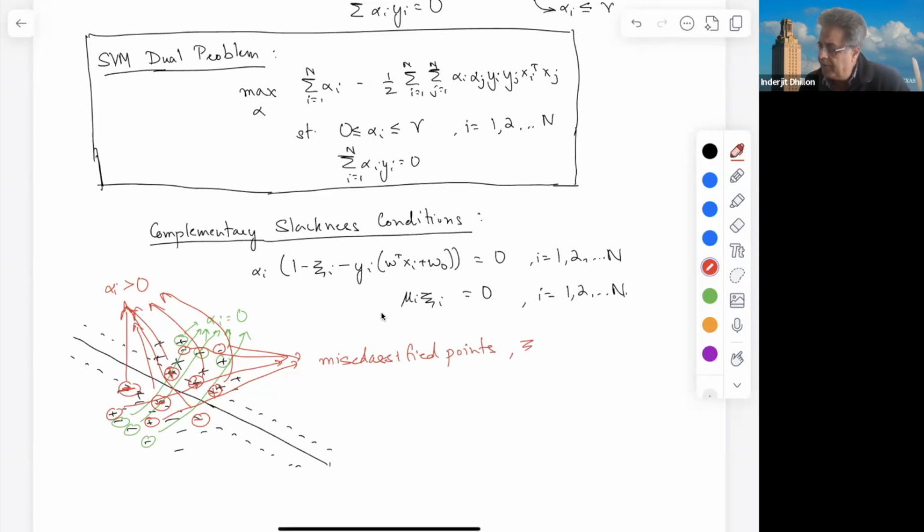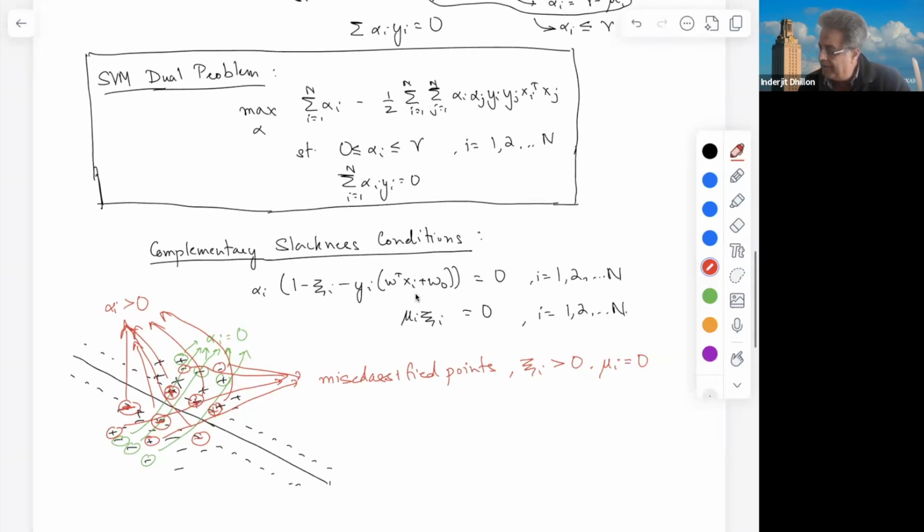Psi i's are greater than 0. And what does that mean for the complementary slackness conditions? That mu i must be equal to 0. And if I go back, remember that alpha i's are of the form gamma minus mu i. So that means the alpha i's are actually equal to gamma.